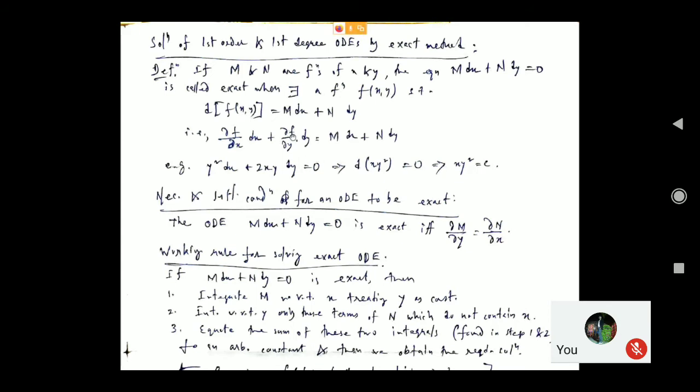Next, it will be the derivative del f del y, meaning the derivative with respect to y, and we treat x as constant. So x constant, the derivative of y² with respect to y will give you 2y. So 2xy into dy.